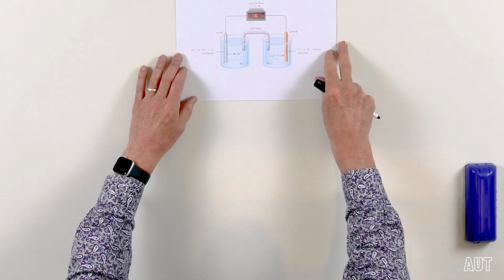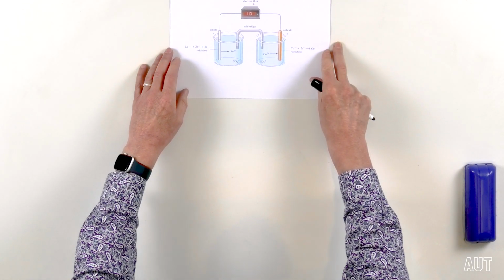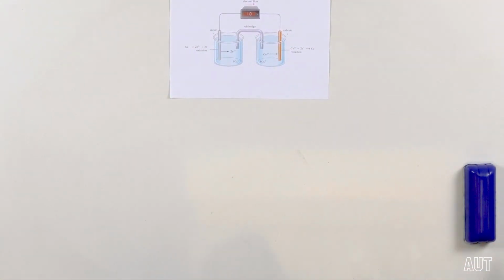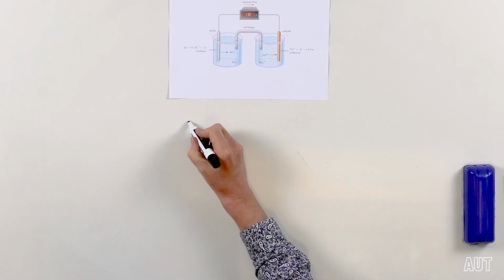Now, okay, let's leave that there. And let's go back to this question of where does this 1.10 volts come from? What determines the value of the potential difference between those two electrodes? And so here is a very, very important equation.